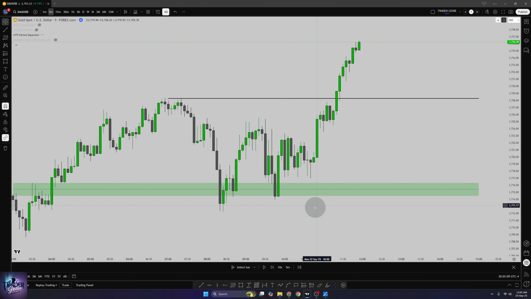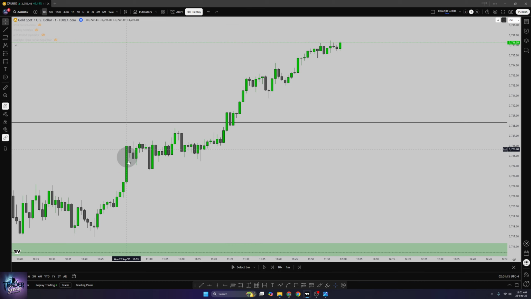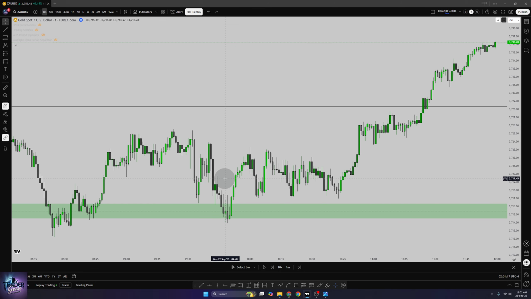On 5 minute time frame, we do not have any first presented fair value gap, but if we look at 1 minute time frame, we have this fair value gap right after 9:30. So this is 9:31, 9:32, 9:33, and 9:34. So we have this fair value gap.